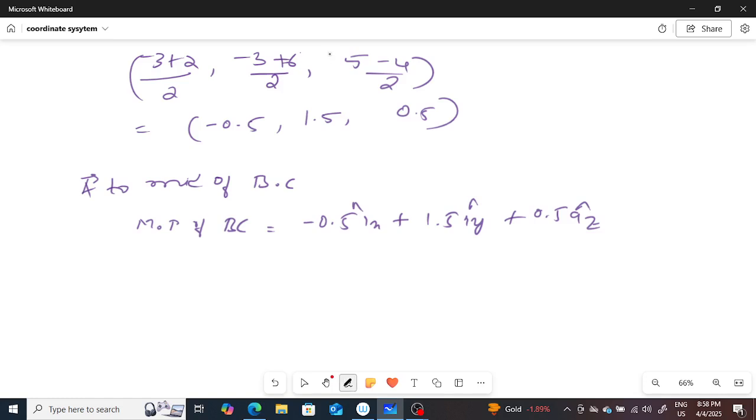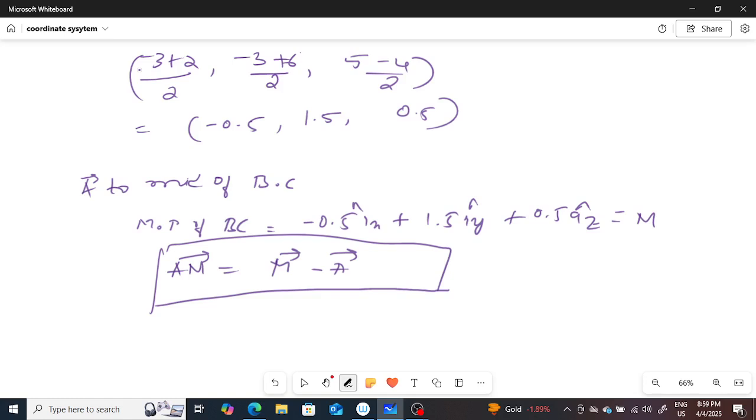This is the new vector. I'll name this the midpoint vector, so it is m. So what you have to find is the AM vector, that is nothing but m vector minus a vector. So get this vector.